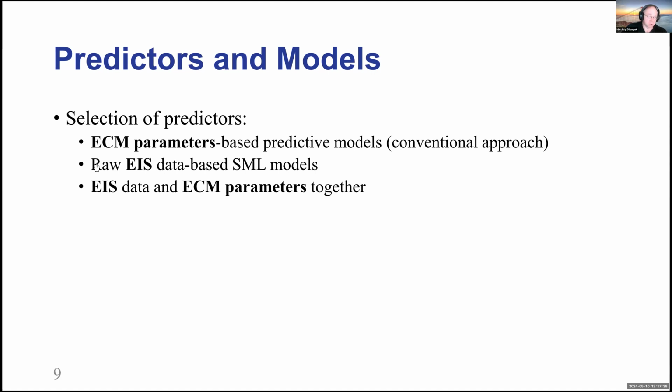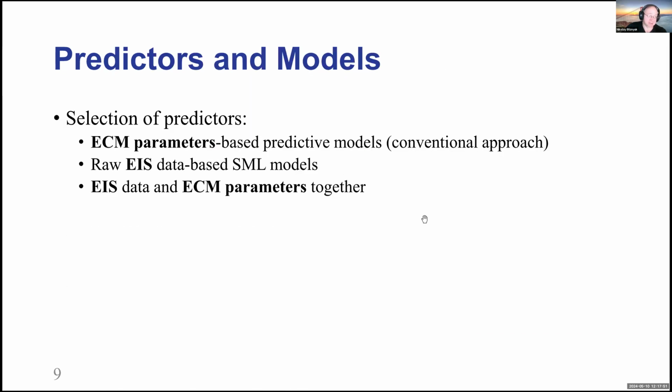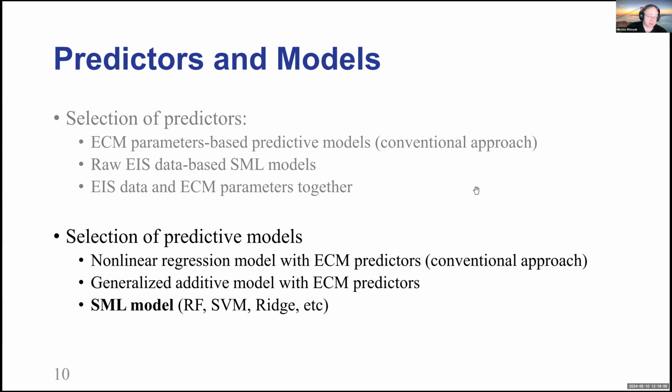So in terms of predictors, we have ECM-derived predictors. Then one can work with the raw impedance curve data, specifically the one that I have on the left, and potentially one can combine the two sets of parameters together. That is, maybe these ECM models help us derive something that machine learning is not able to. As far as predictive models go, the conventional approach uses nonlinear regression models with ECM parameters.